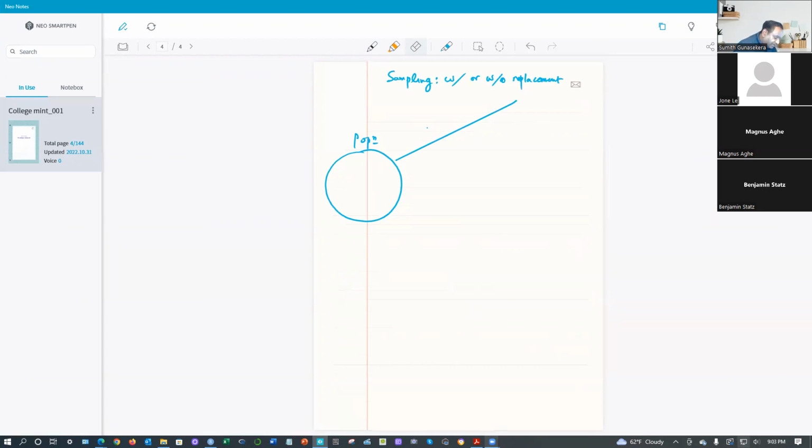A few of the sampling techniques I can list here: random sampling, or simple random sampling, which are not the same; stratified sampling; cluster sampling; quota sampling.